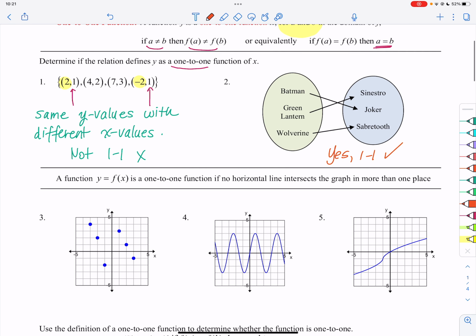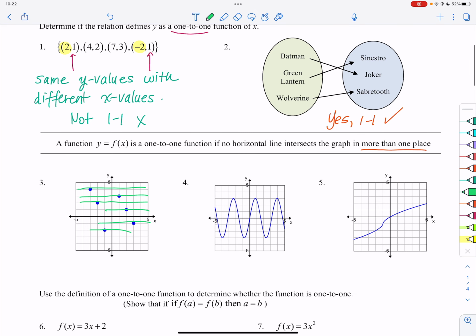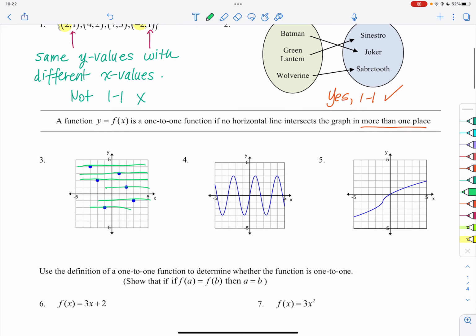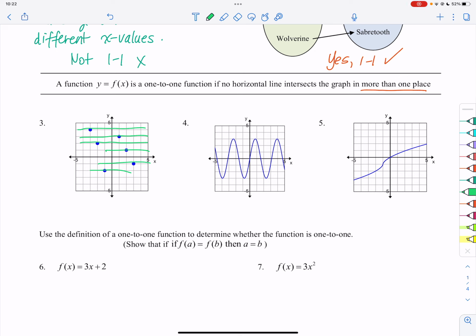Now, if a function is one-to-one, no horizontal line intersects the graph in more than one place. As you can see, we can draw horizontal lines anywhere, and the line only hits the graph one time, in this case, at points.